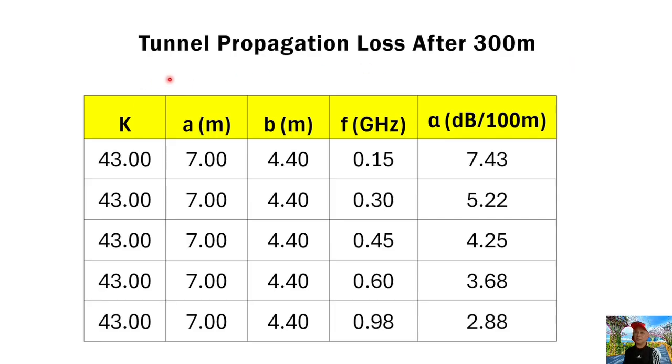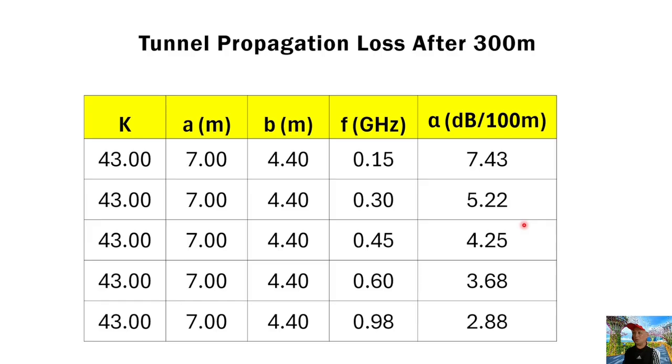So you see K, we put 43 here. A is the width of the tunnel, and B is the height of the tunnel. And then the frequency, we put 150 megahertz, 300 megahertz, 450 megahertz, and then all the way to 980 megahertz.